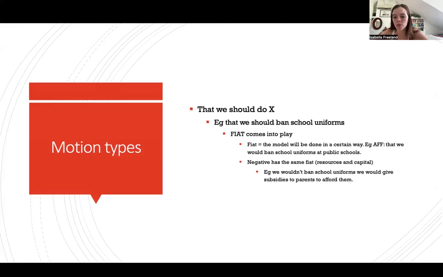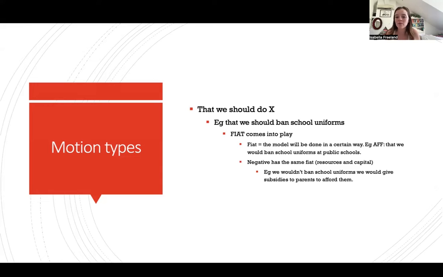So for example, affirmative has fiat to say that they would ban school uniforms at public schools specifically. That's a totally fair interpretation of the topic. They do have fiat to assume that it would be possible to do that, so it's possible for the government to do it. So negative can't make arguments like it's not feasible to do it, because affirmative has fiat to assume that it will be done.